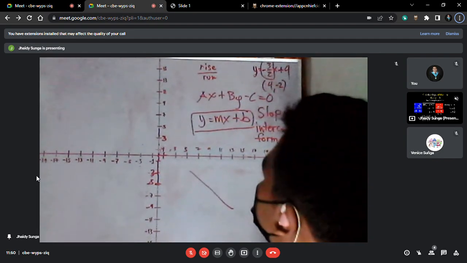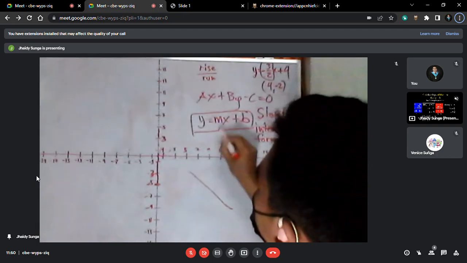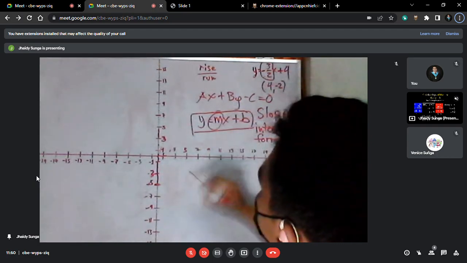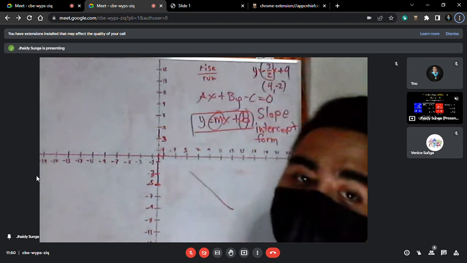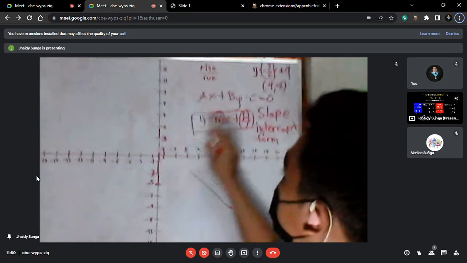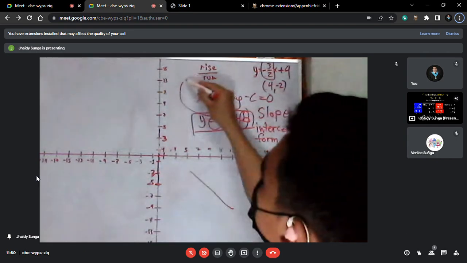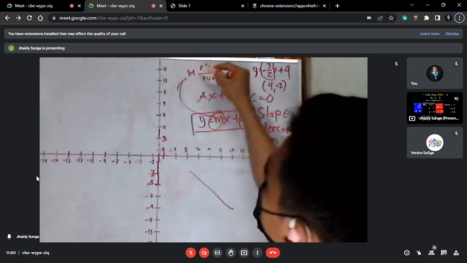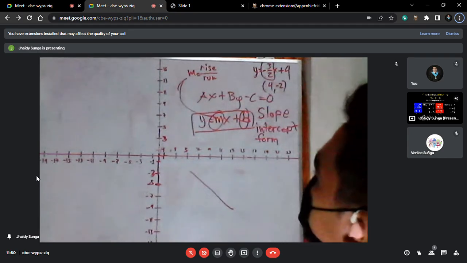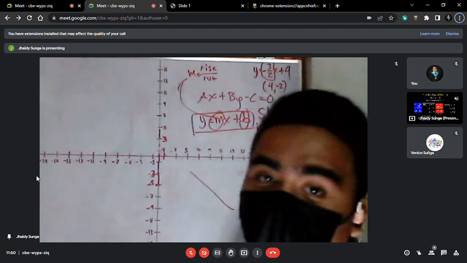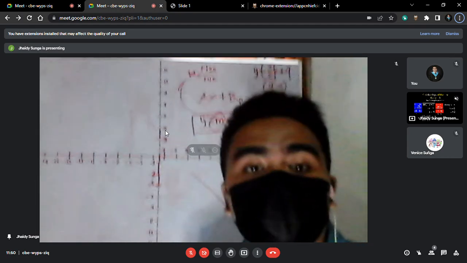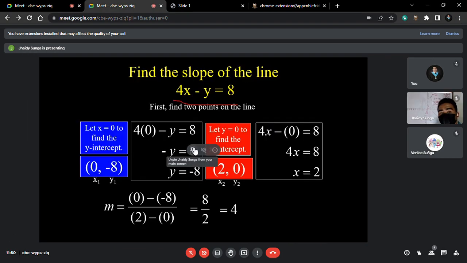From this one, we could see m and b. What is m and b? A while ago, we discussed that m represents the slope, and our b is the y-intercept. So later on, you will know how and why.